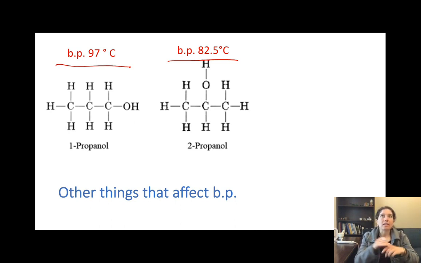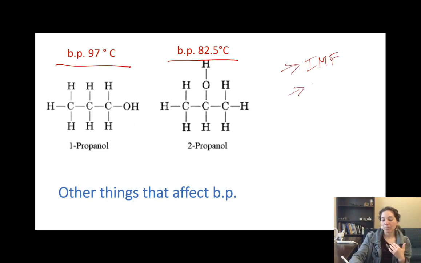So the first thing that's the most important when we're determining boiling point is going to be our IMFs. That is really the most important. And then the next thing would be your molecular mass. And then the next thing after that would be branching.